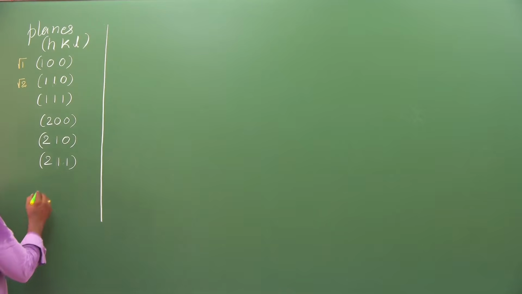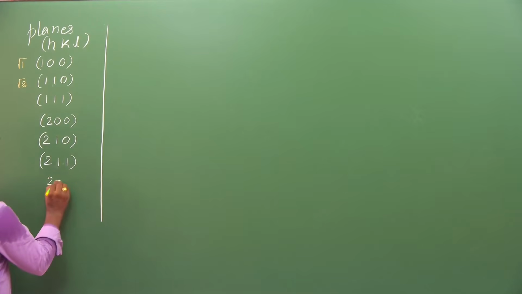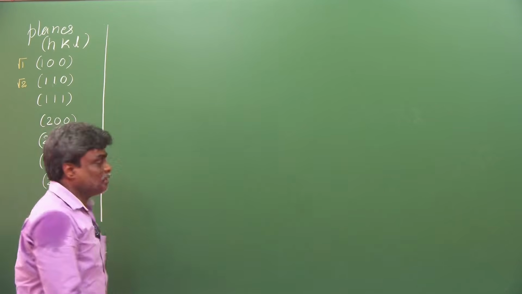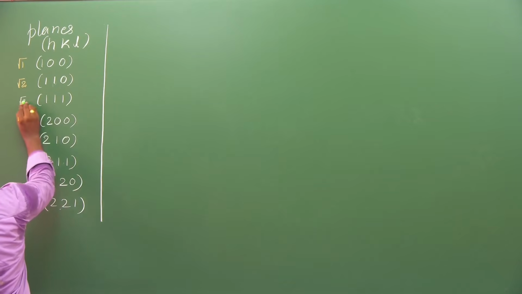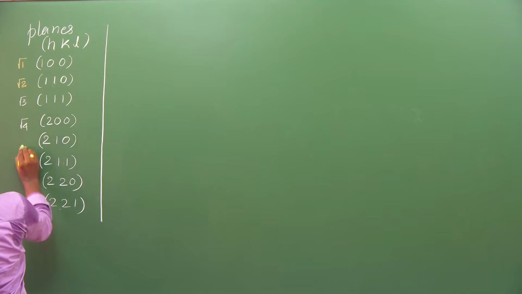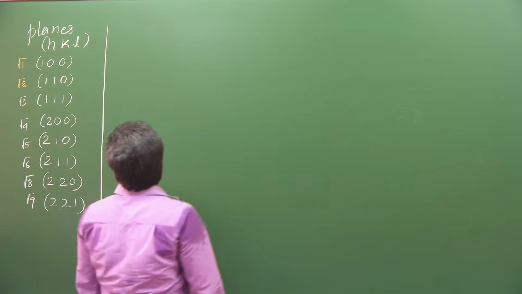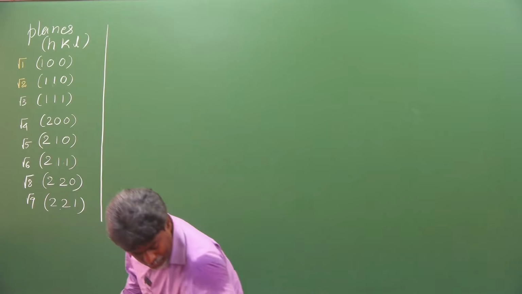That's why 7 is not possible. Then 8, 9. So this is the way to remember the order of the planes.